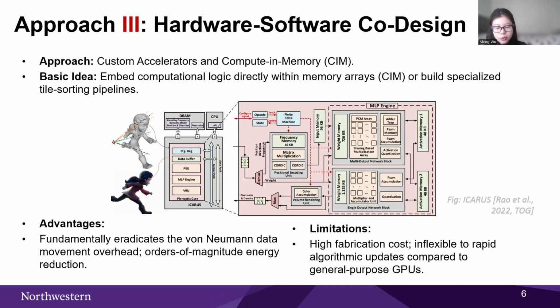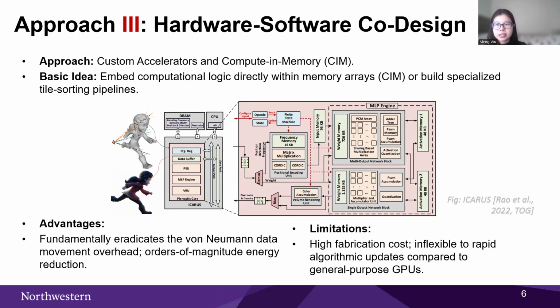The von Neumann bottleneck, the energy cost of transporting massive weight matrices from memory to processing elements, is a critical barrier for edge inference. By utilizing non-volatile memory technologies like RRAM, CIM architectures embed computational logic directly within the memory arrays.